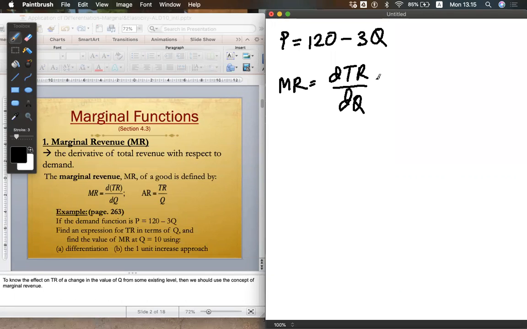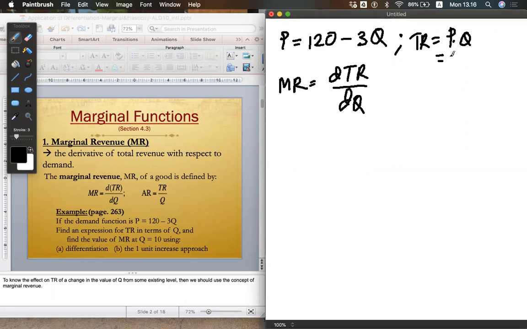That is impossible if we have no idea about the total revenue equation. So we need to find the TR, because to find the marginal revenue, we need this equation. So the TR, if I write in this part, TR equals P times Q.